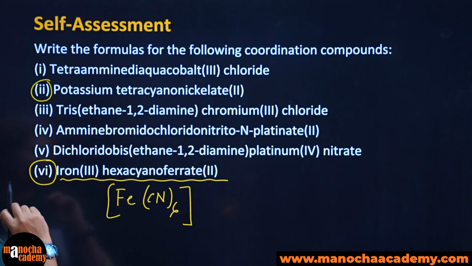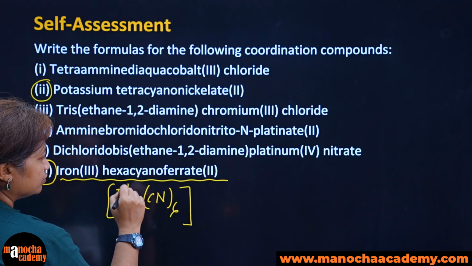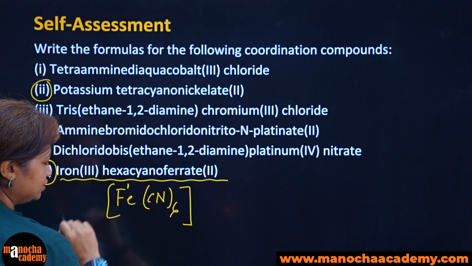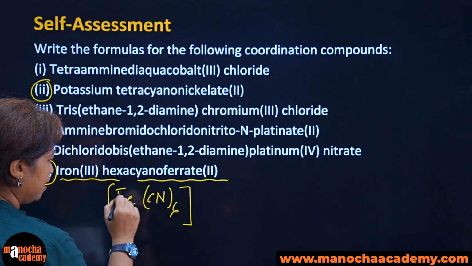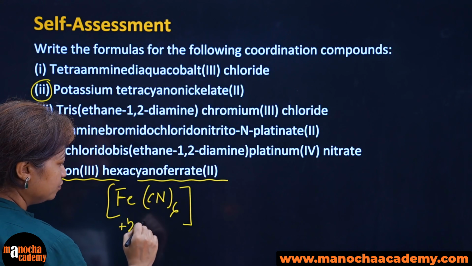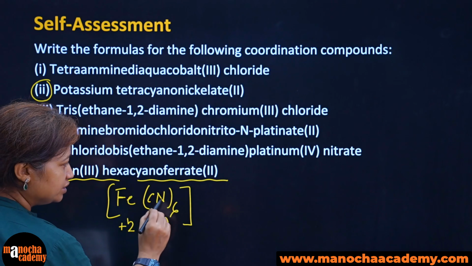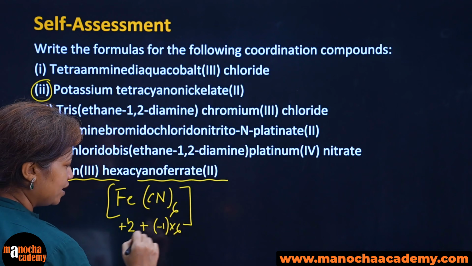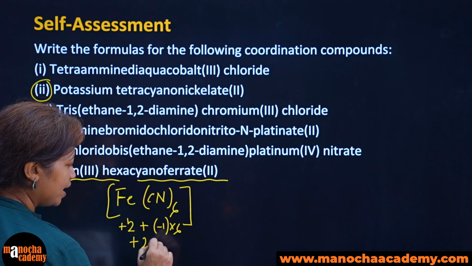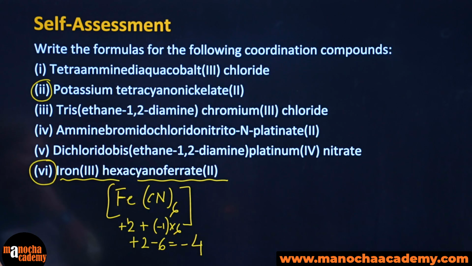Fe here it is 2, mentioned, right? That means this is 2 plus. It is actually minus 1 for each CN, into 6. So it becomes plus 2 minus 6, equal to minus 4, right?